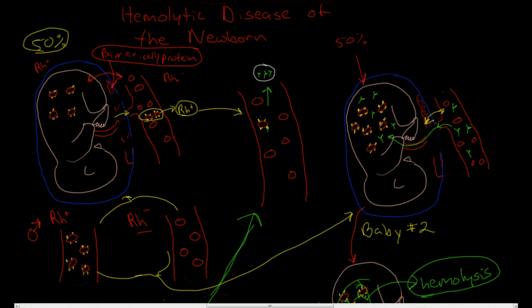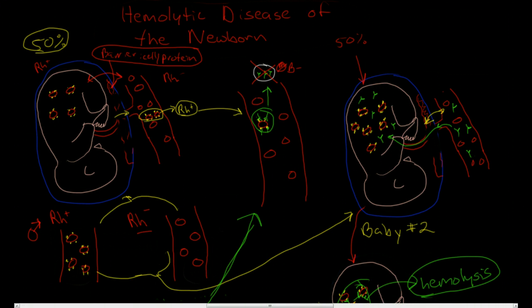And remember, there's a small number of these in the maternal circulation, so the red blood cells lyse and are destroyed, and the Rh positive cells are excreted before the mother can begin to develop her own B cells and memory B cells. So there's no maternal B cells.